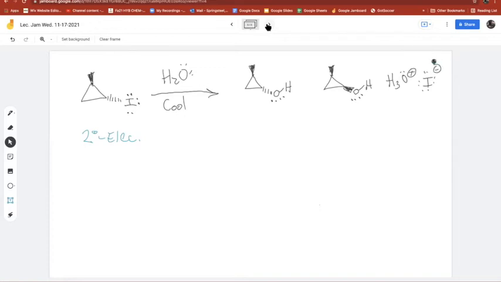An iodide leaving group. And how are these two related? They're the same molecular formula, same connectivity. Are they mirror images? Nope. They're diastereomers. They're not mirror images.